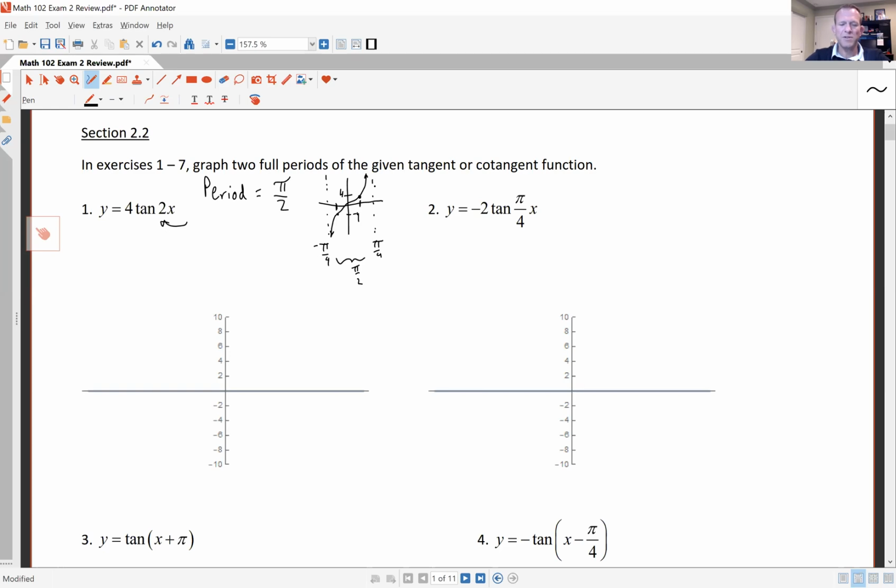So that's essentially what the graph looks like, and we're going to put this on the graph paper down here. So we're going to go out negative pi over 4 and pi over 4 and draw our vertical asymptotes. Halfway between those marks, it's going to get up to 4 and down to negative 4.